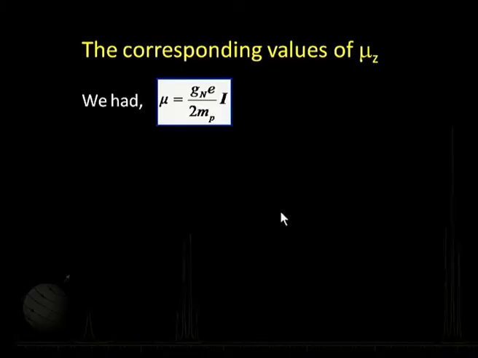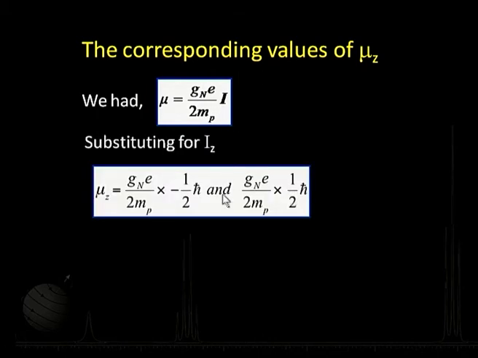Now let's see what are the corresponding values of mu_z. It will be g_N e by 2m_p, which was my gamma here, and I is here. If I substitute the value of I, I get the value of mu_z equal to g_N e by 2m_p times minus half ħ for one orientation, and plus half ħ for the other orientation.